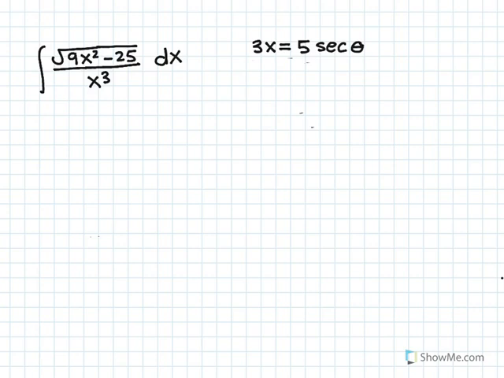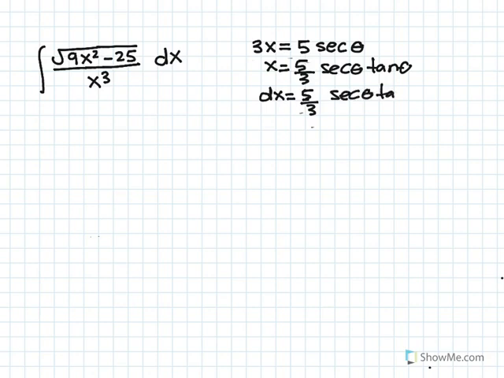Alright, so what we have is the integral of the root of 9x squared minus 25 divided by x cubed, and we did a trig transformation. 3x is equal to 5 sec theta, so x is equal to 5 over 3 sec theta.